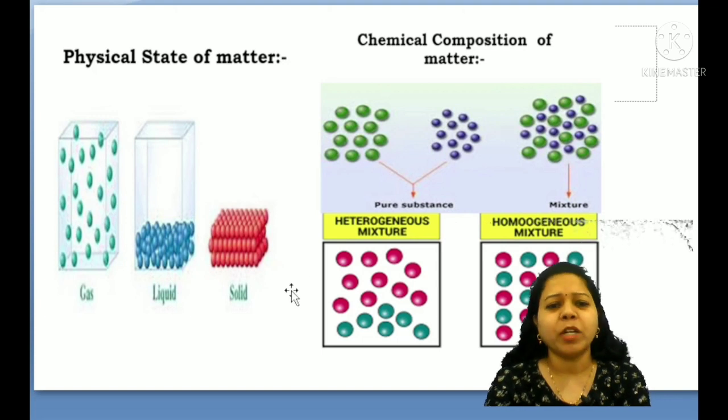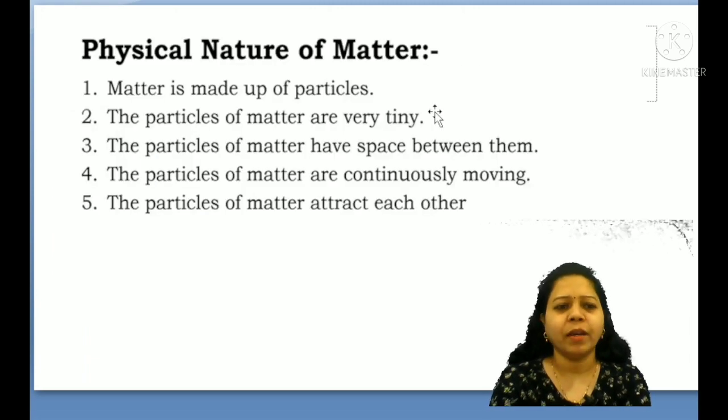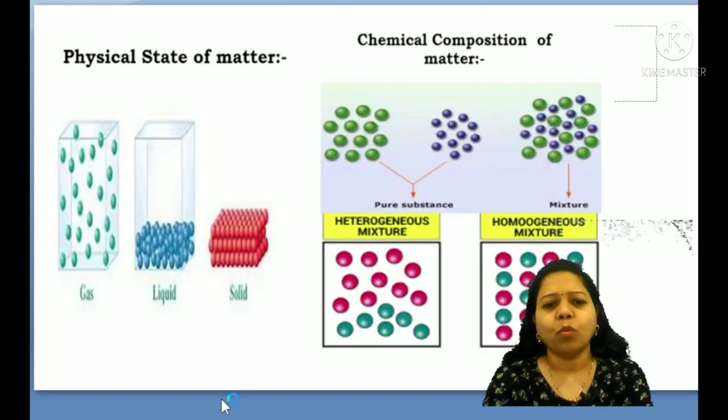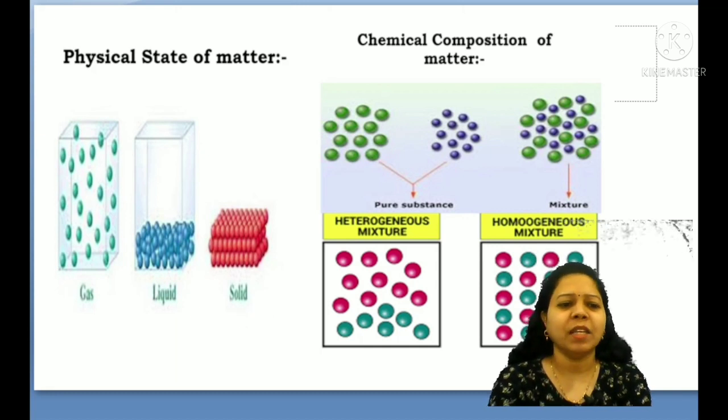Now, what are the properties of solid, liquid and gas, as well as what is meant by heterogeneous mixture and homogeneous mixture? We'll see one by one.